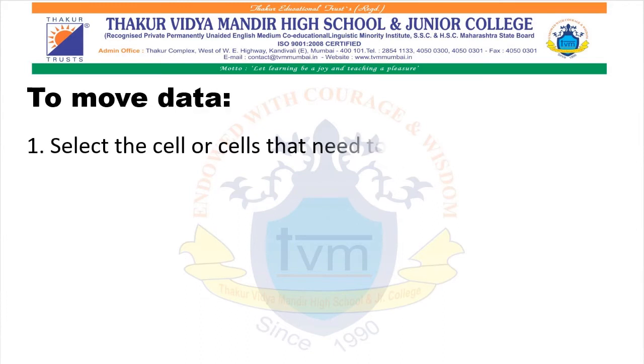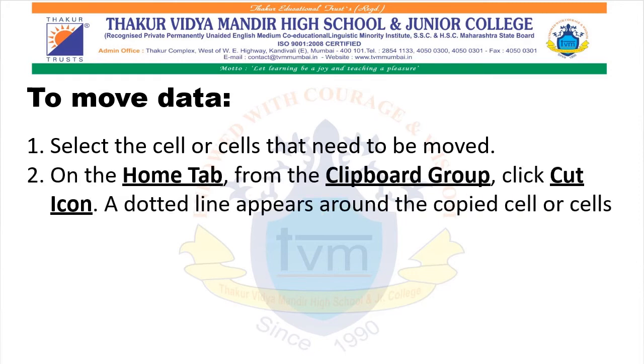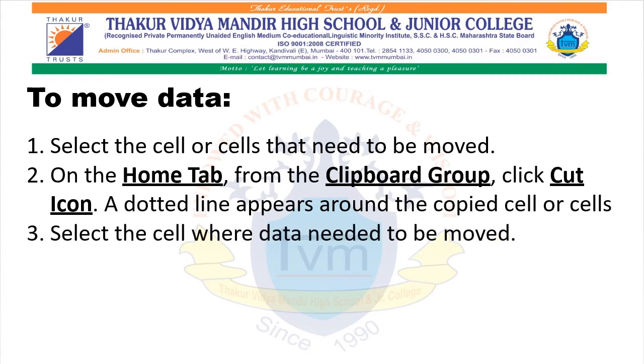First, select the cell or cells that need to be moved. Second step, on the Home tab, from the Clipboard group, click the Cut icon. A dotted line appears around the cut cell or cells. Third step, select the cells where the data needs to be moved.